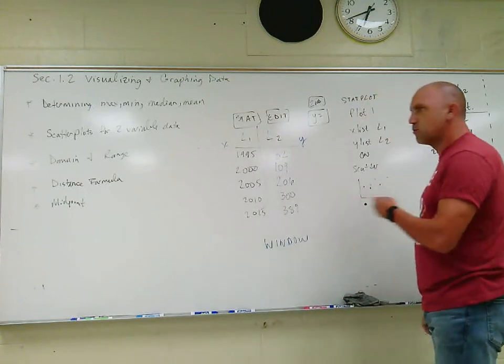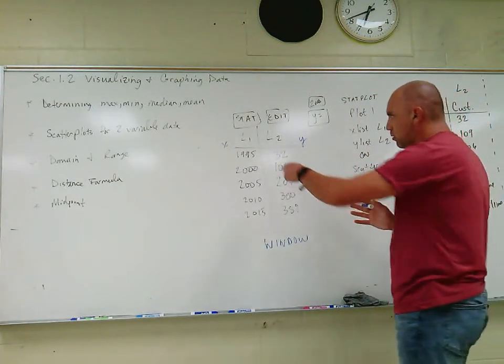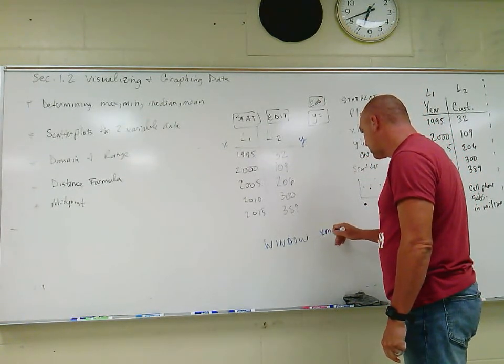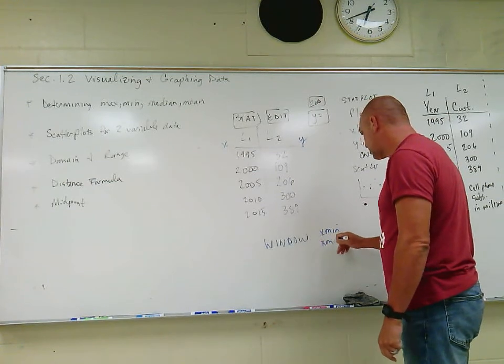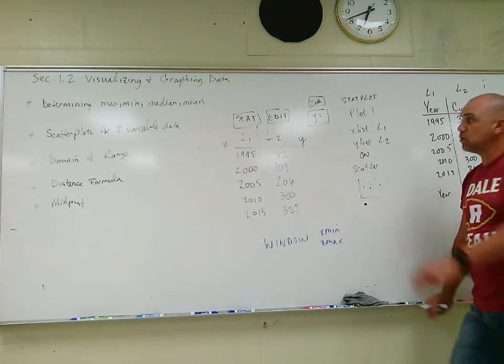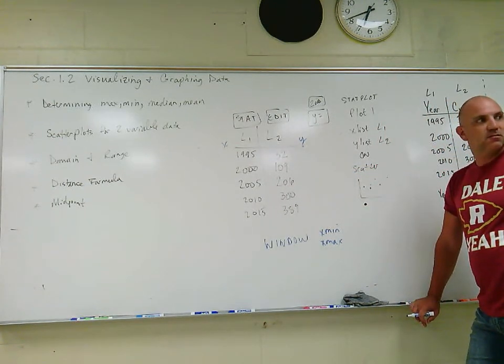So what do you think would be a good range of X's to use in our window? It's going to say X min, X max. These are where our points are going to go. So what might be a good boundary for your X's?